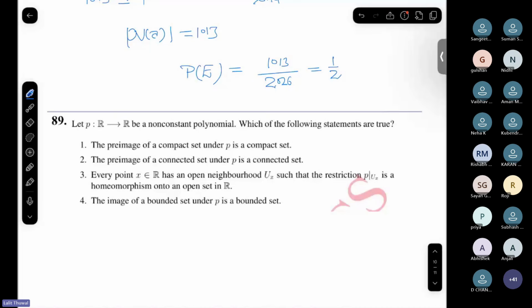Okay, Priya, what is your answer? Sir, 1, 2, and 4. Okay, 1, 2, and 4.